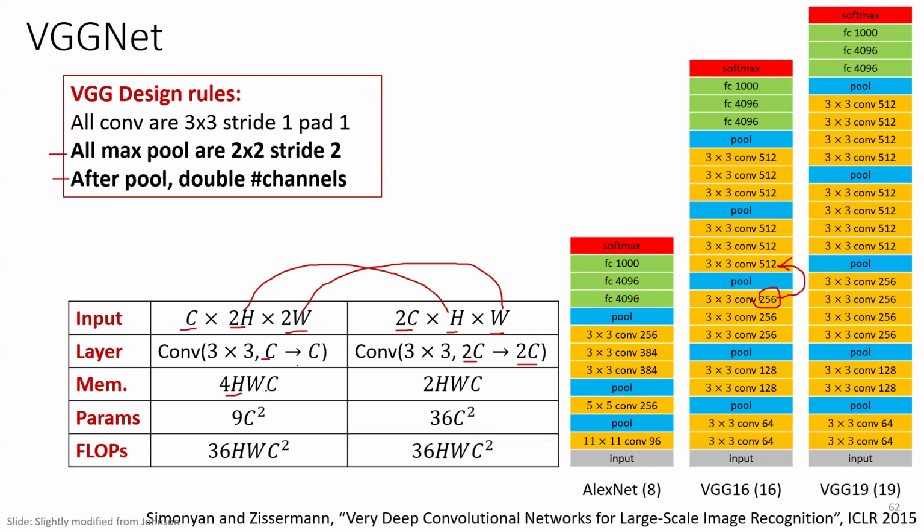So what happens there? Here 4HWC, here 2HWC is the memory requirement. Memory requirement is equal to the size of the tensor. Number of parameters is 9C squared here, and 36C squared there. Here a large number of parameters and an equal number of computations. So this is, you can see, much more advantageous.